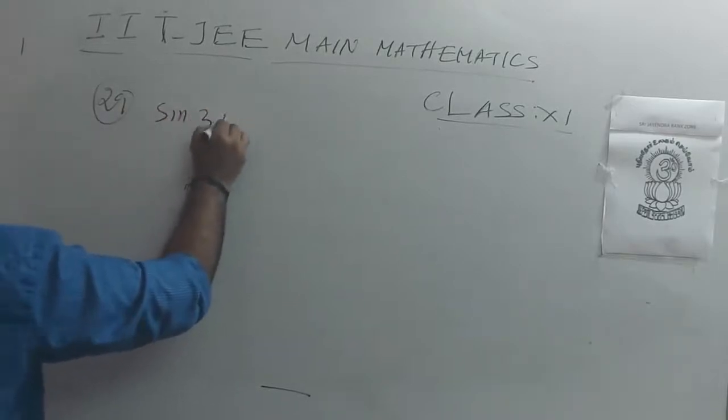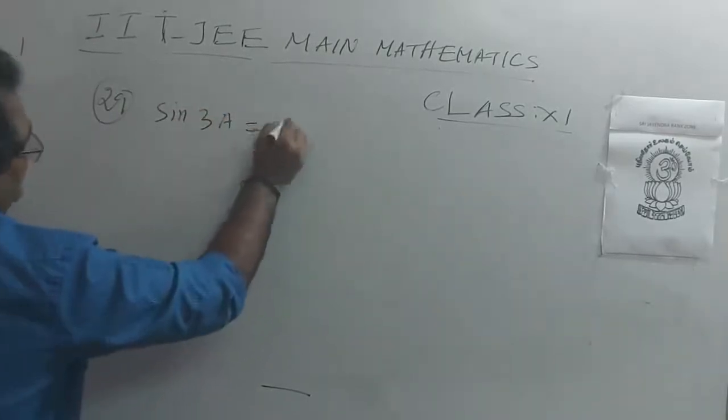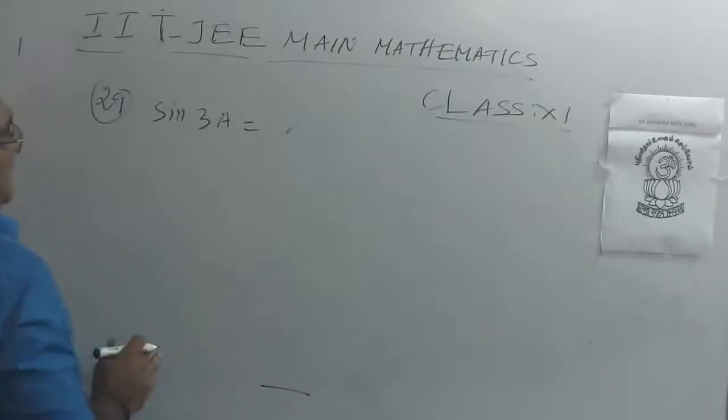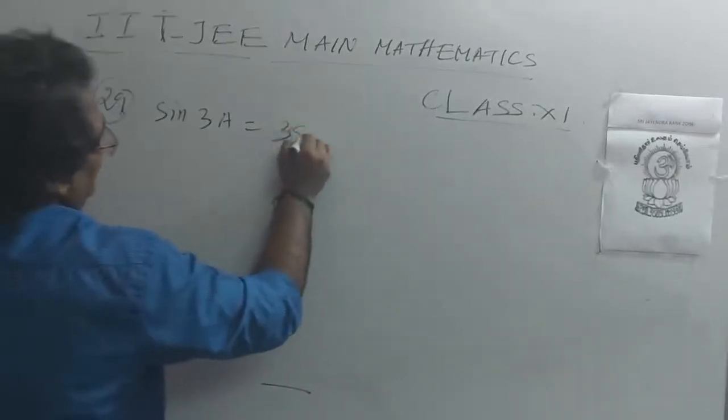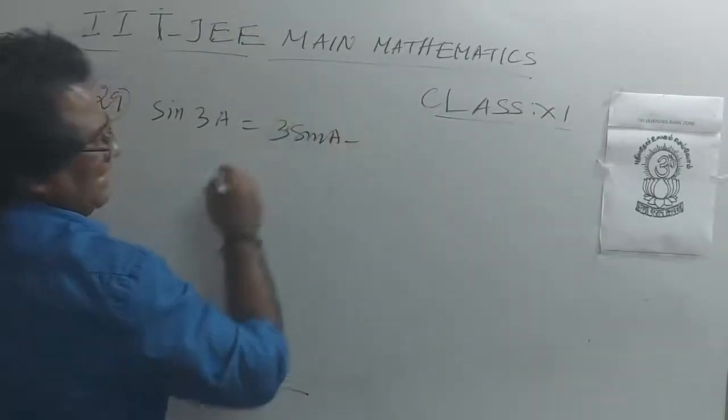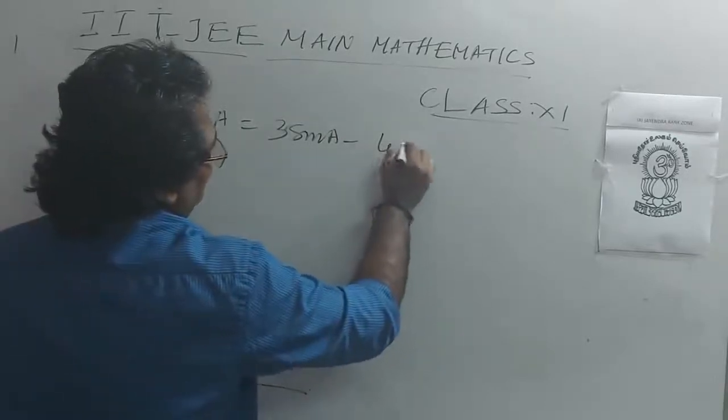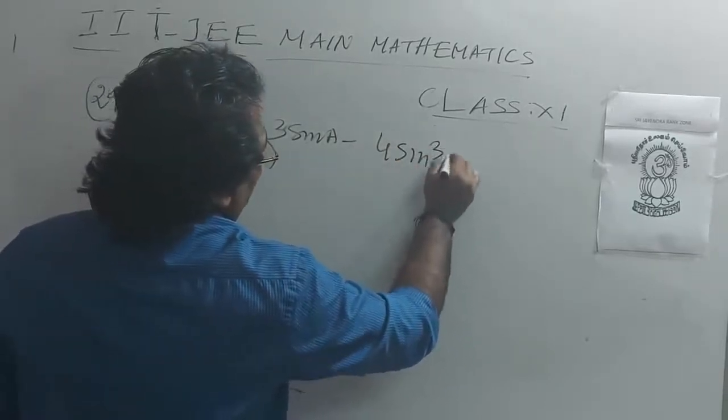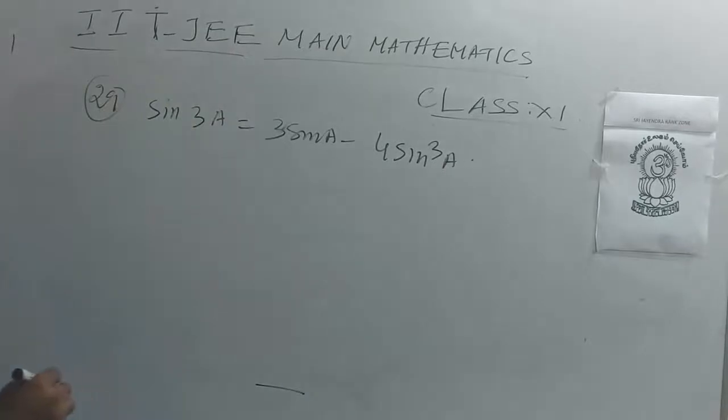So sin 3a, we have the formula, so I don't derive it, just write the formula. 3 sin a minus 4 sin cubed a.